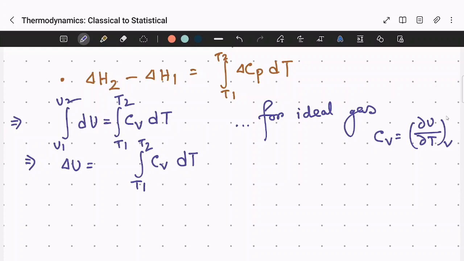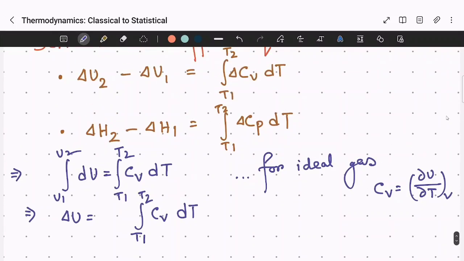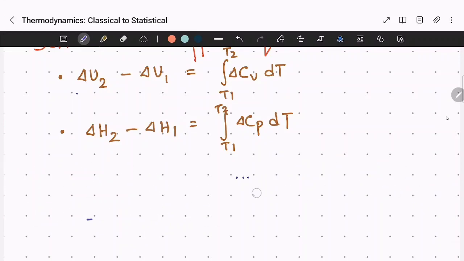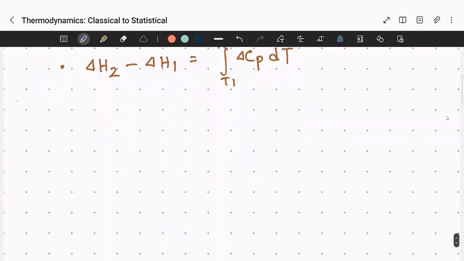Now for other cases, here there are two processes involved. This question is very tricky. This Kirchhoff equation, let me go through it elaborately. It seems very trivial, but there are two processes involved basically. That's why this Kirchhoff equation is difficult to understand, but let me clear it. Let us consider first, we have to think physically. A system. Let's say this is a system. This system, this is state 1.